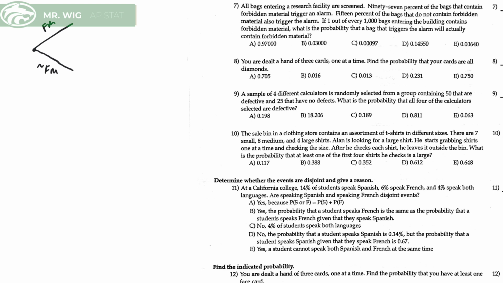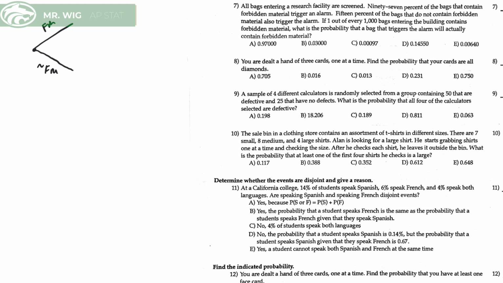What's the probability of finding forbidden material in any bag? 0.97. 1 out of every 1,000. It's 1 out of 1,000. Reading comprehension, pretty big deal here. You can't just look at the numbers and pick the first one you see. There's a whole bunch of numbers there, okay? We joke about that, but that happens all the time.